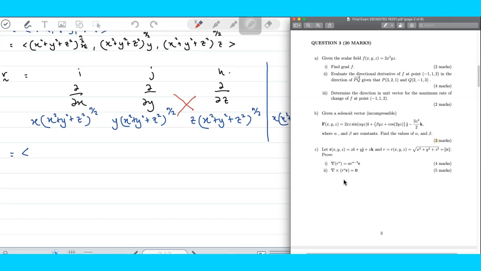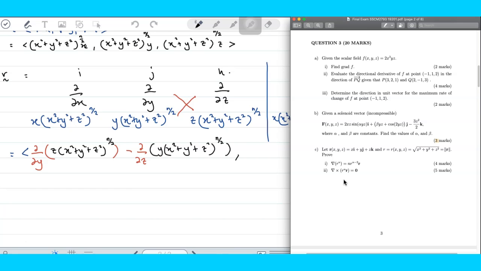So del y of z times (x squared plus y squared plus z squared) to the power of n over 2, minus del z of y times (x squared plus y squared plus z squared) to the power of n over 2. So that is for the x component.